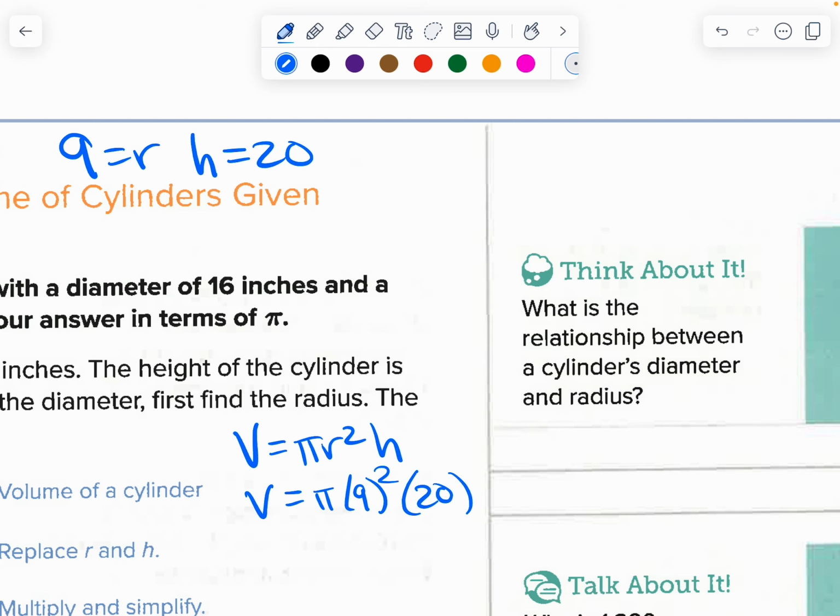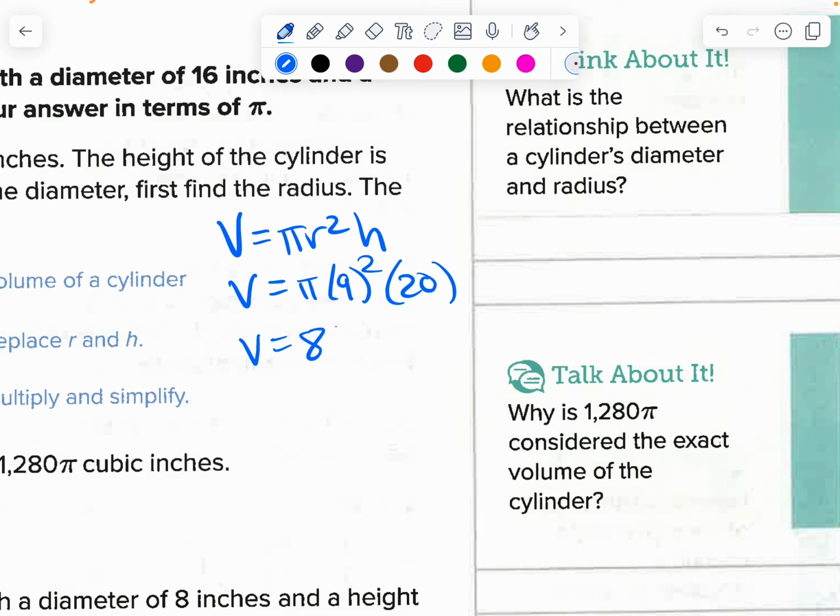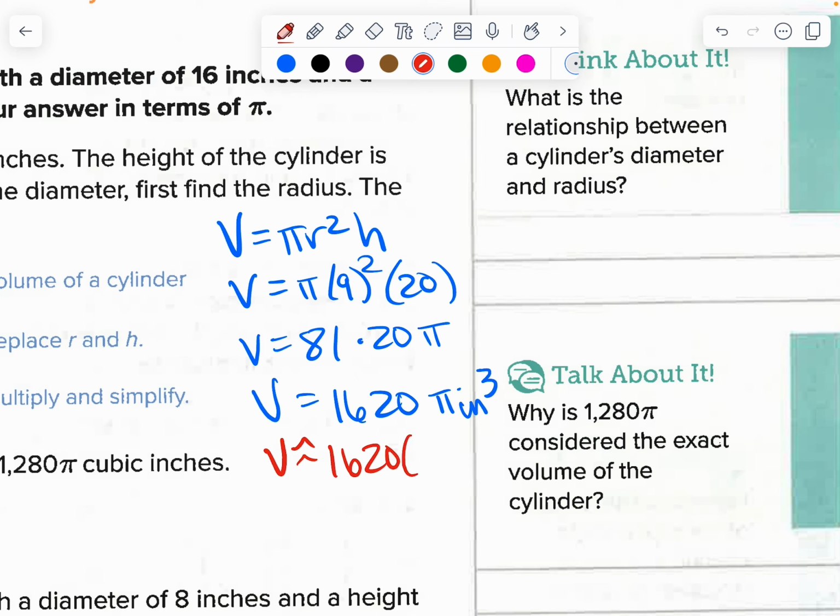My height is 20. That gets me 81 times 20 pi. So that's going to get 1620 pi, and that was inches cubed. And if I wanted to approximate my answer, I would take 1620, multiply it by 3.14, and I would get approximately 5086.8 inches cubed.